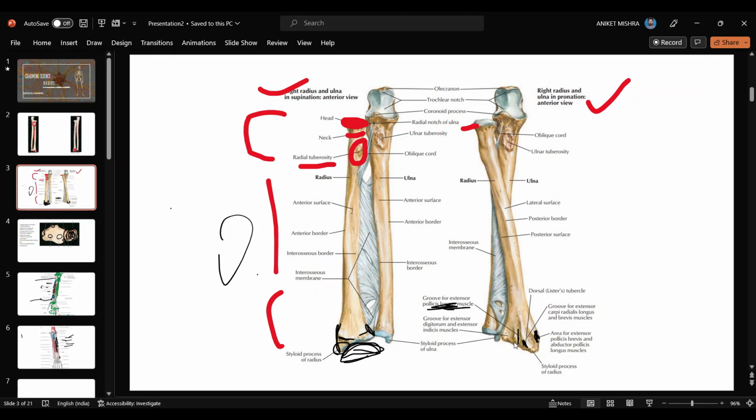And the fourth groove, on the medial side, gives passage to the tendon of the extensor indicis.